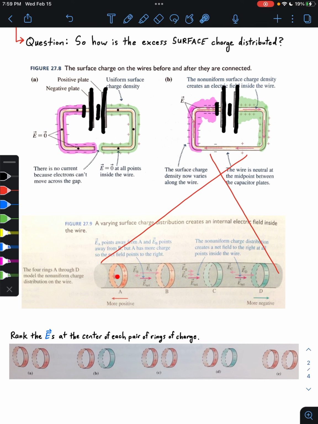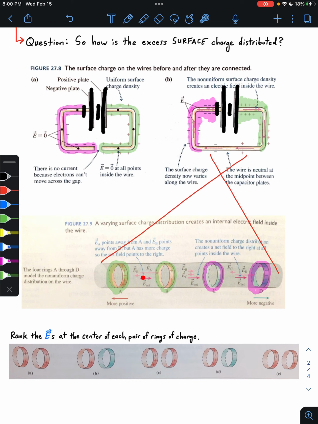Down here, if we've got field going to the right, we can generate a field going to the right if we have a sort of collar of positive charge here, and then a collar with less positive charge there, followed by a collar of negative charge here, and a collar of more negative charge there.